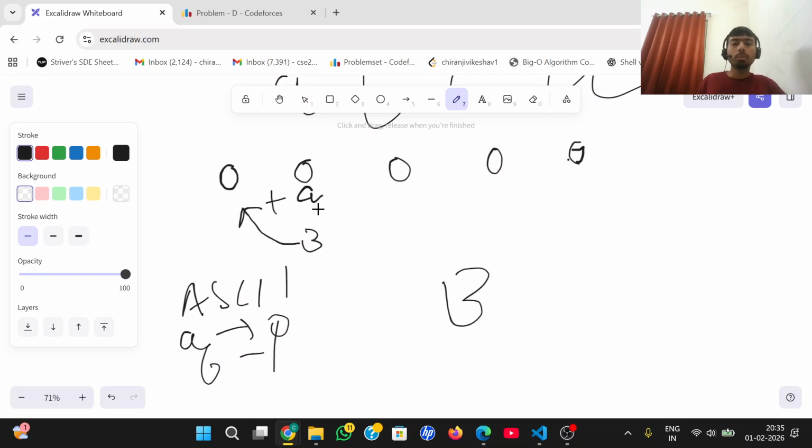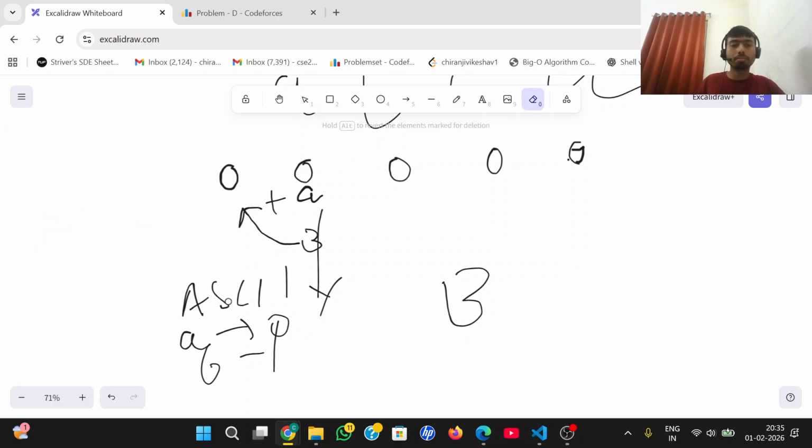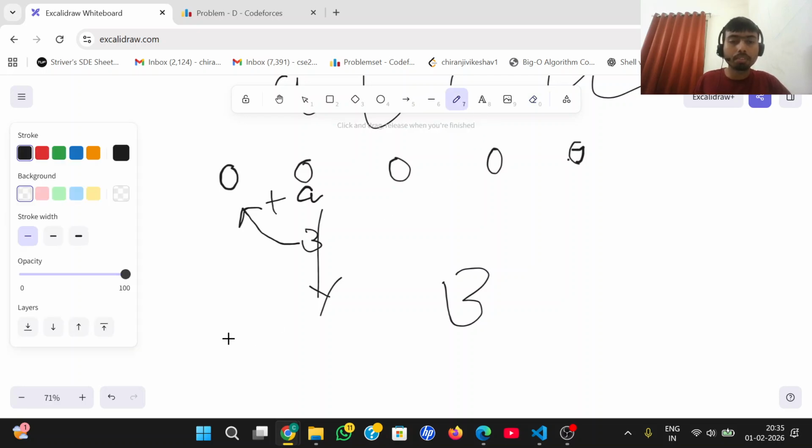So what is going to be the value here? It is B multiplied by 0 plus A, which is going to be A only.